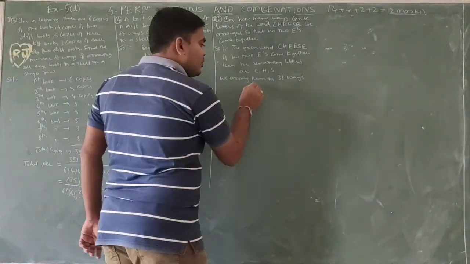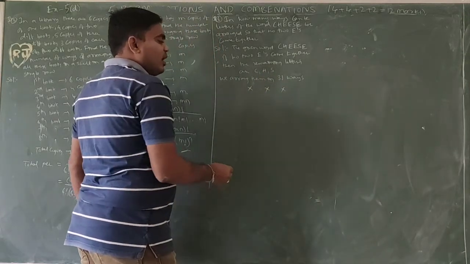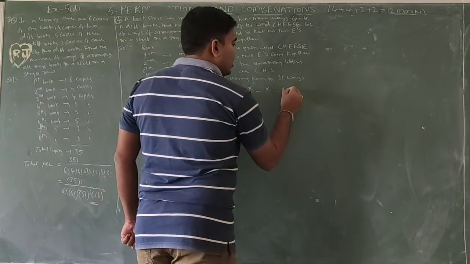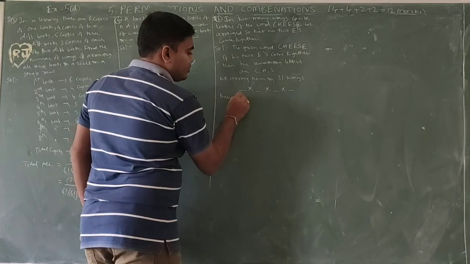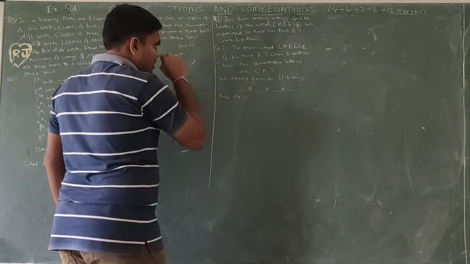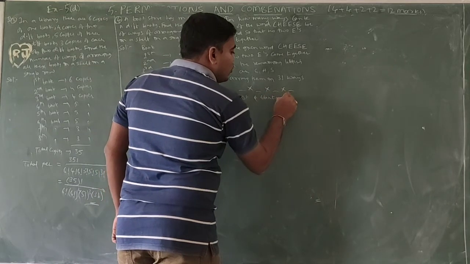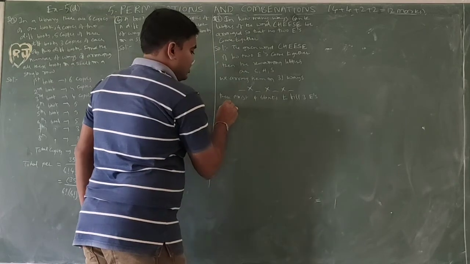Let us consider the arrangement X. So these three letters we can write like this. So I am marking blanks 1, 2, 3, 4. So there exist 4 blanks to fill the 3 E's in.